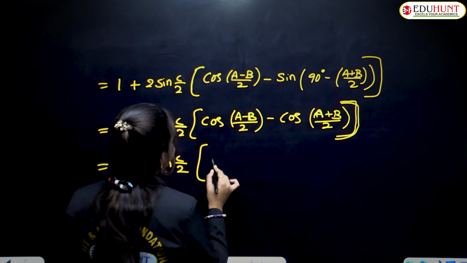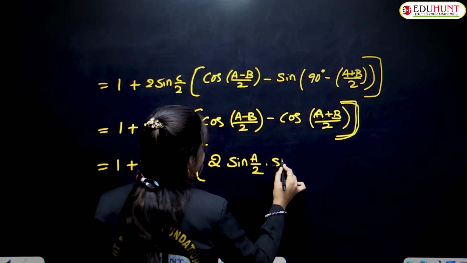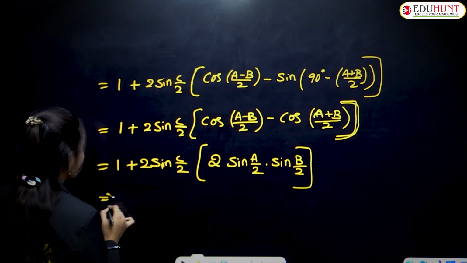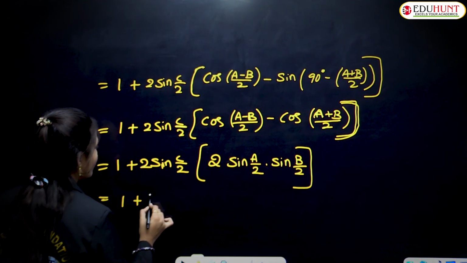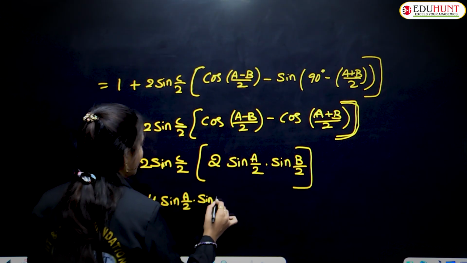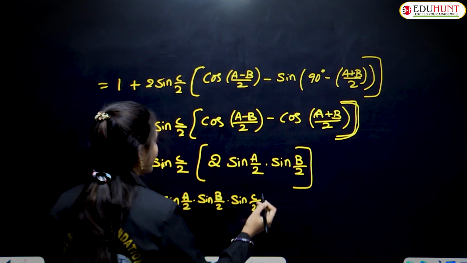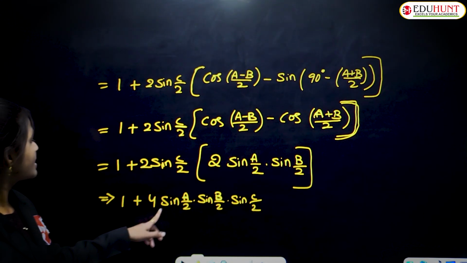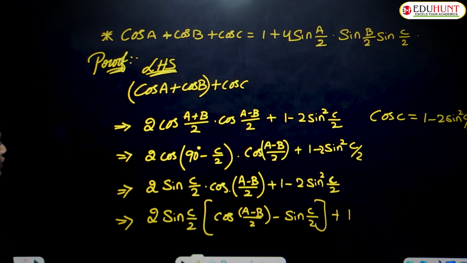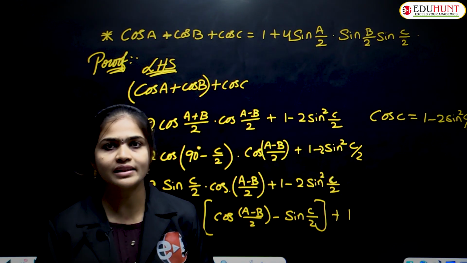So what is that formula? 2 sin a by 2 sin b by 2. Understand? So from this one, 1 plus 2 into 2, 4 sin a by 2 sin b by 2 sin c by 2. Okay, so 1 plus 4 sin a by 2 sin b by 2 sin c by 2. Clear? So hence it is proved. So this is that 11th conditional identity.